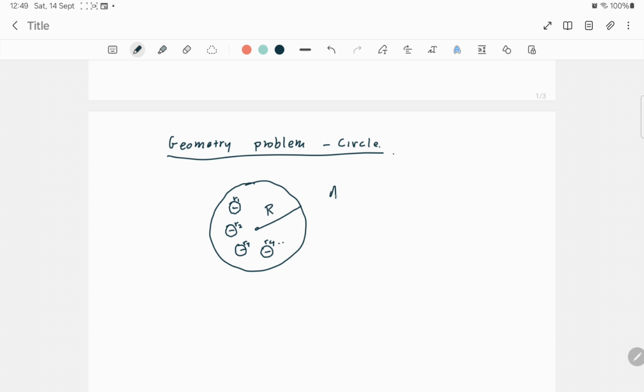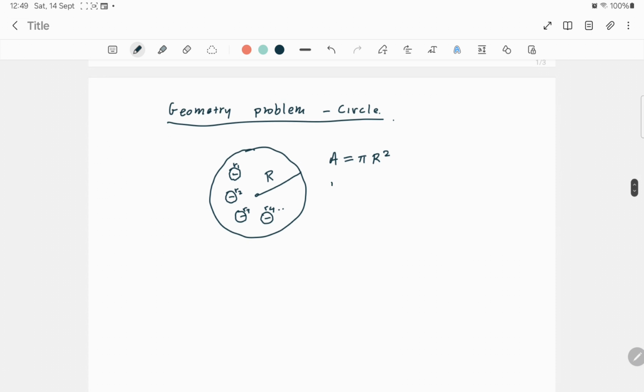The area of the big circle is pi times r squared, and the area of the smaller ones is pi times r1 squared, up to pi times rn squared.